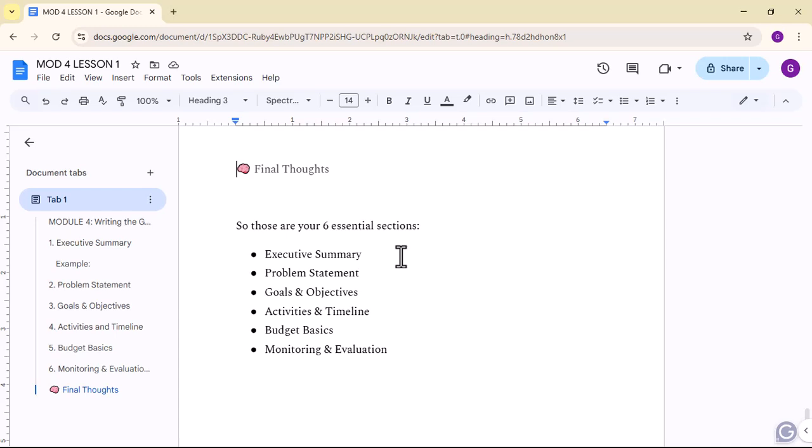In the next few lessons, we're going to go deeper into each one, starting with how to write a powerful problem statement that hooks the reader immediately. That is what the next lesson is going to be about. I'm going to show you a real project and analyze it for you.